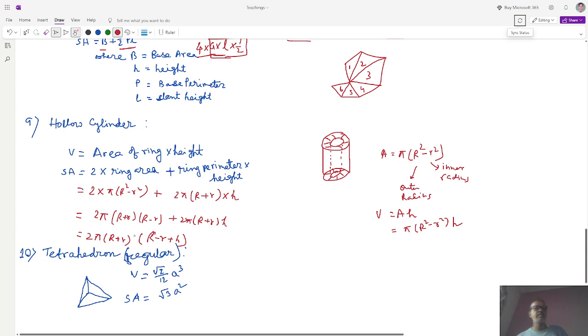This is the surface area of hollow cylinder.